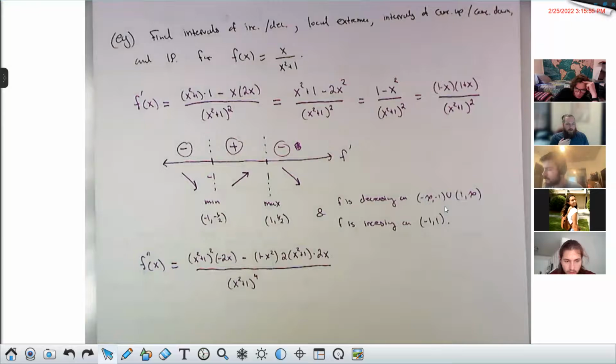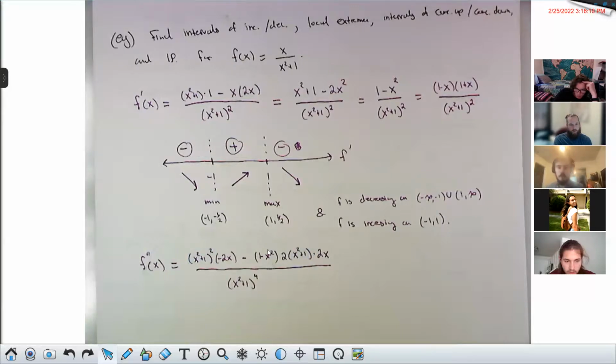And this might look hideous and scary. But if you think about your algebra strategically, it's not going to be that bad. Look for common factors. There's an x squared plus 1 squared here. There's an x squared plus 1 to the 1 here.